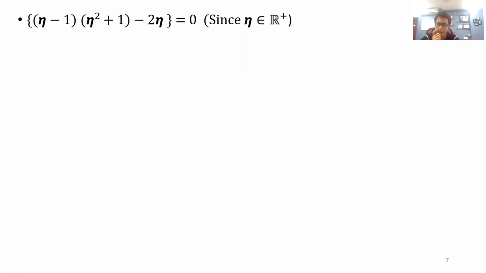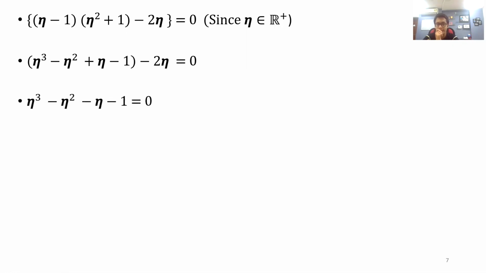If n plus 1 had equaled 0, then we would obtain that n is negative 1, which is not possible in our case. We get n cubed minus n squared plus n minus 1 minus 2n equals 0. And now combining the two n terms, we get n cubed minus n squared minus n minus 1 equals 0.